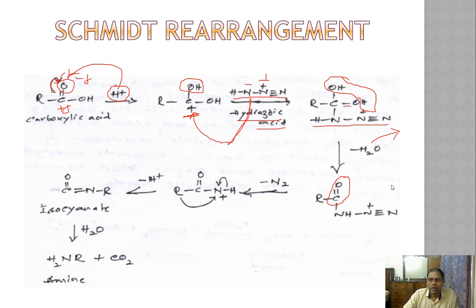Right after that, what is going to happen is that from here, nitrogen is going to get removed. Because of the shift of these electrons for the removal of that nitrogen, this nitrogen is going to be positively charged, and because it is positively charged, these bond electrons are going to shift to the nitrogen, and this one is going to get separated.